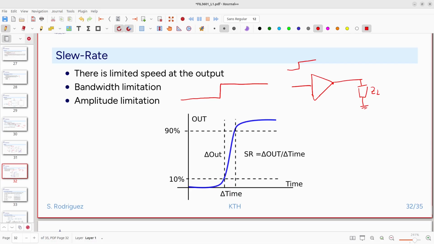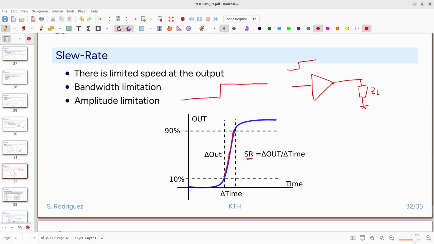At the output, it will take some time to change from a particular value to the final value, and the maximum speed at which this voltage or current can change over time gives you the slew rate.